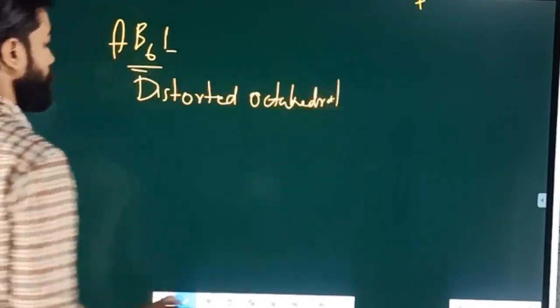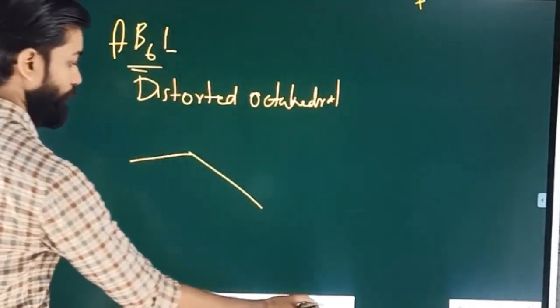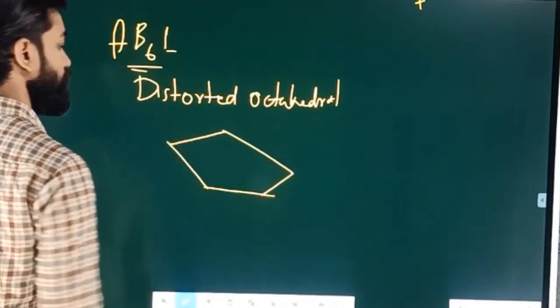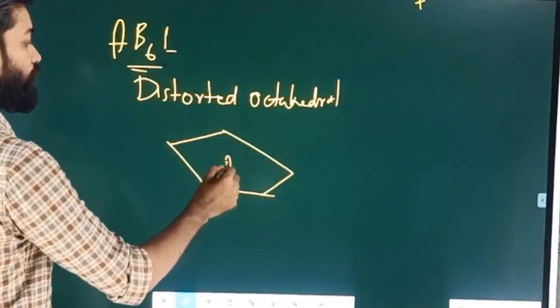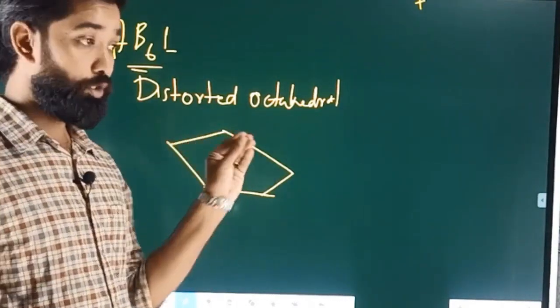pentagonal bipyramidal. So the shape is something like this. So here is the A. You have to introduce a lone pair into the pentagonal bipyramidal.